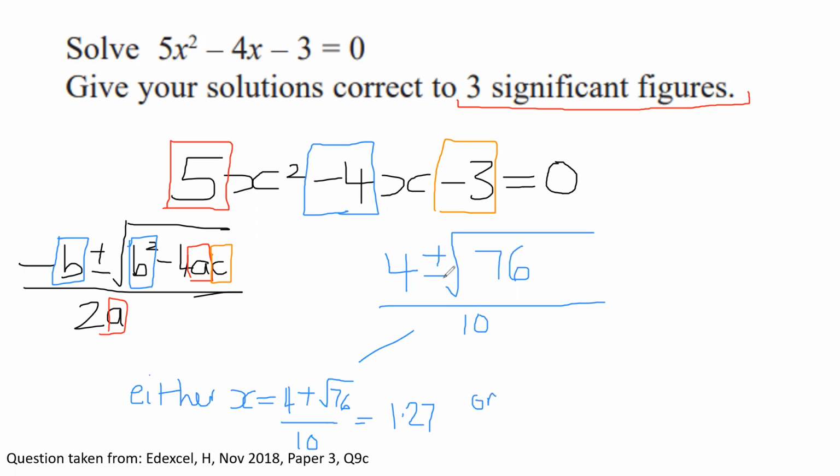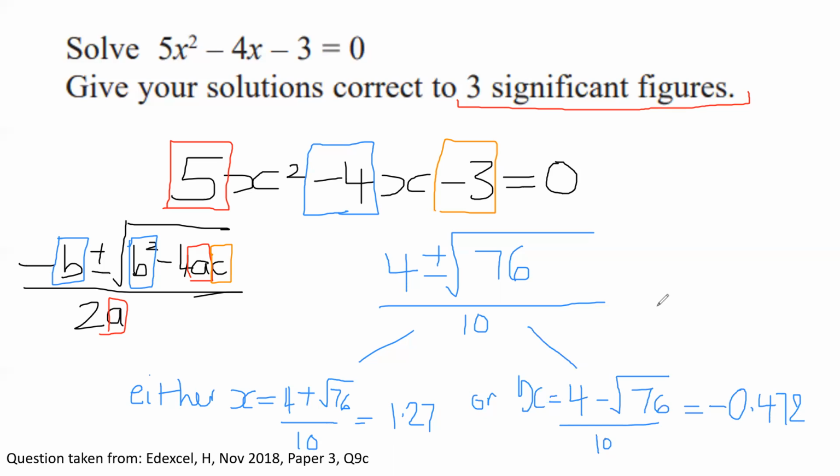Or we can say that x equals 4 minus root 76 divided by 10. Root 76 is somewhere between 8 and 9, probably about 8.5. So 4 minus 8.5 divided by 10. If we pop this into a calculator, we get minus 0.472. Again, correct to three significant figures. Three figures here, three figures here. Good.